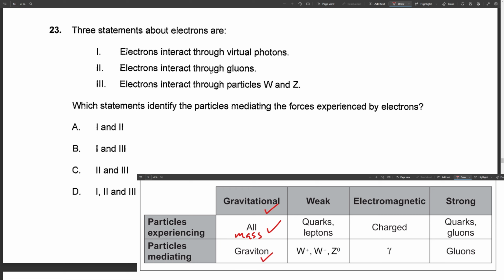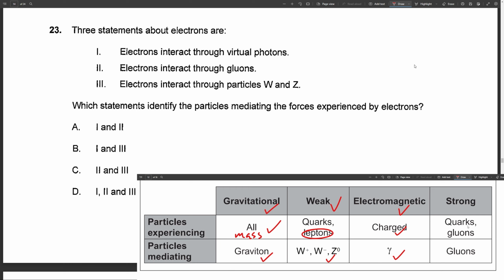Also, electron is a lepton. Therefore, weak interaction is possible. W boson and Z boson are all possible. Next, electron is charged. So, it should experience electromagnetic interactions, and therefore, virtual photon is one of the mediating particles.